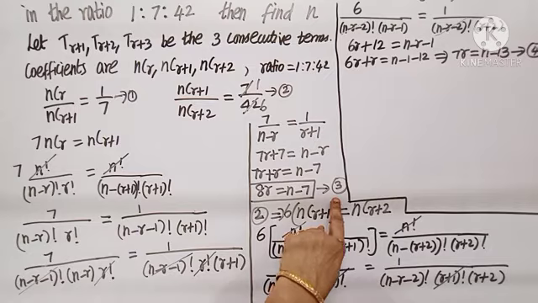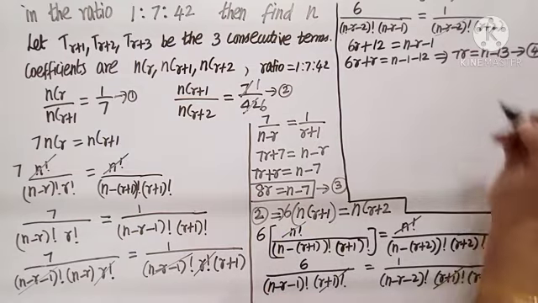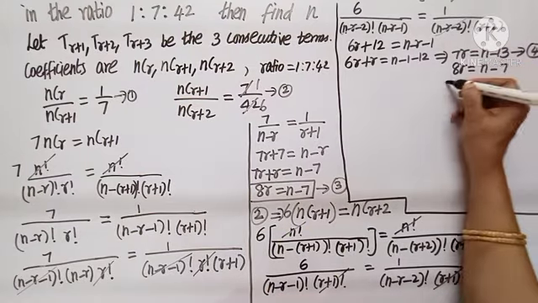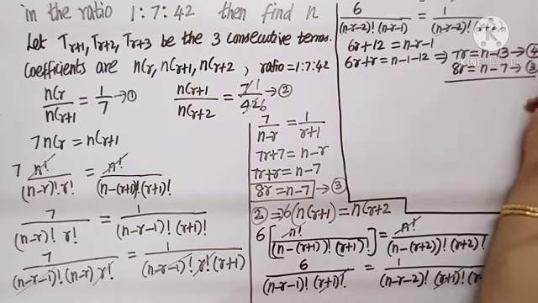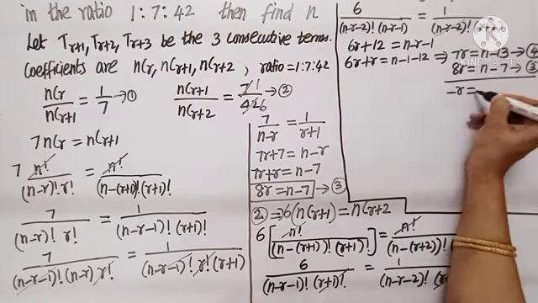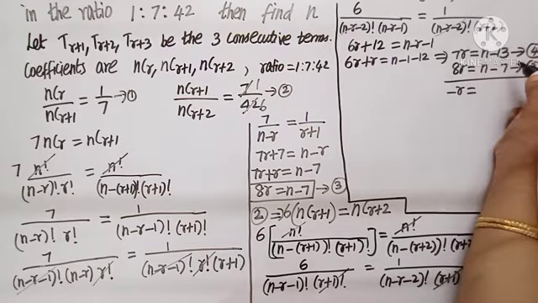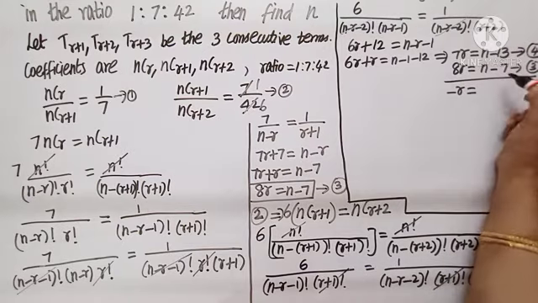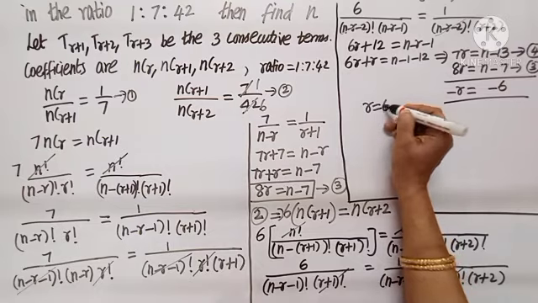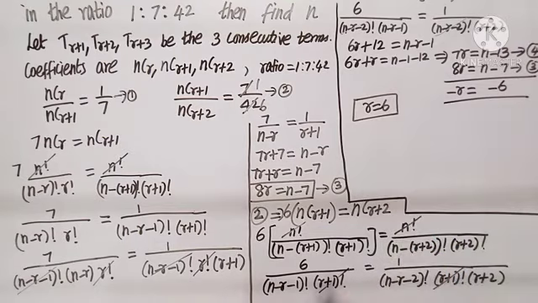We already have the third equation here, 8r equals n minus 7. As we subtract, 7r minus 8r is minus r, n minus n cancels, minus 13 plus 7 is minus 6, or we get r equal to 6.